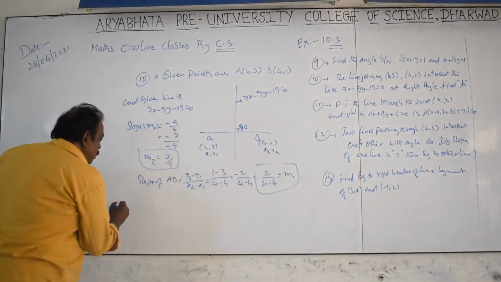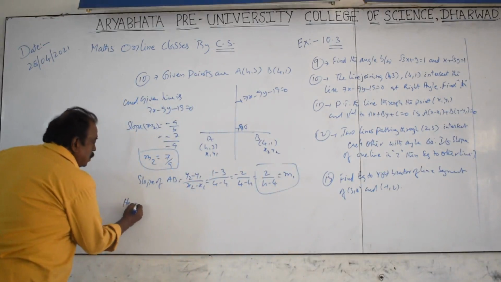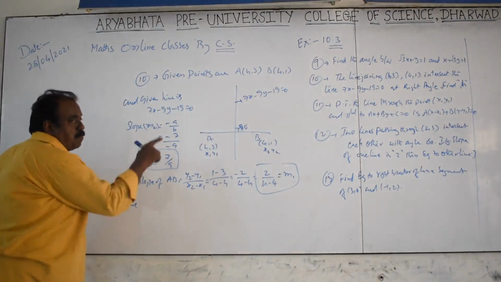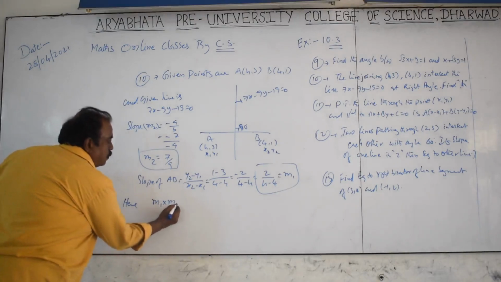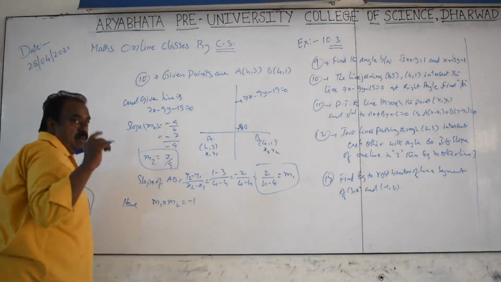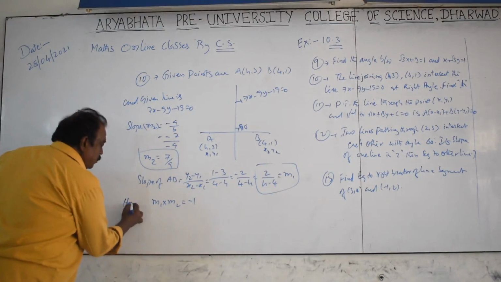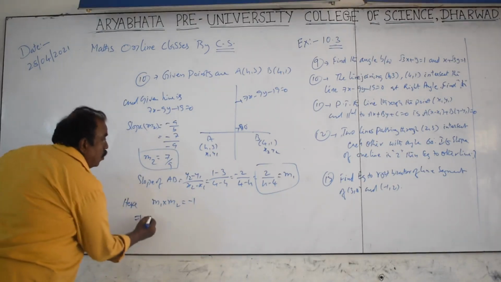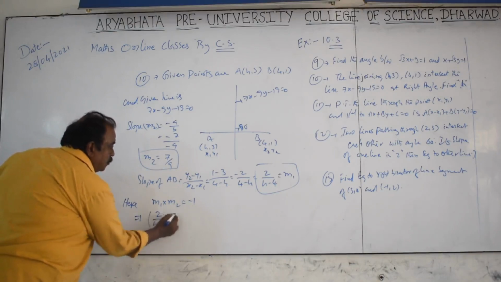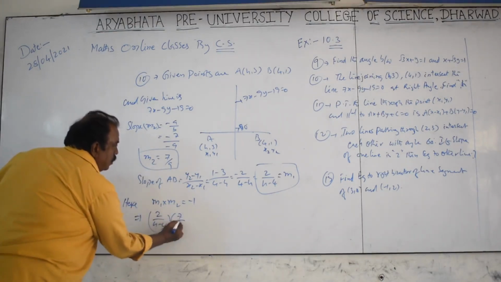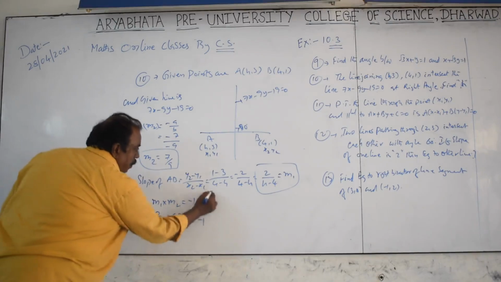But you see, here the given line is perpendicular to AB, so the product of slopes is equal to minus 1. What is m1? 2 by h minus 4. What is m2? 7 by 9. The product is minus 1.